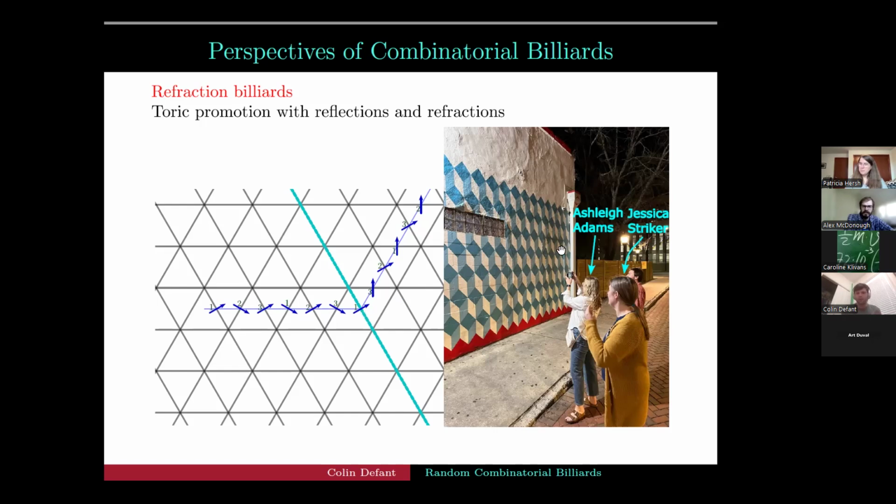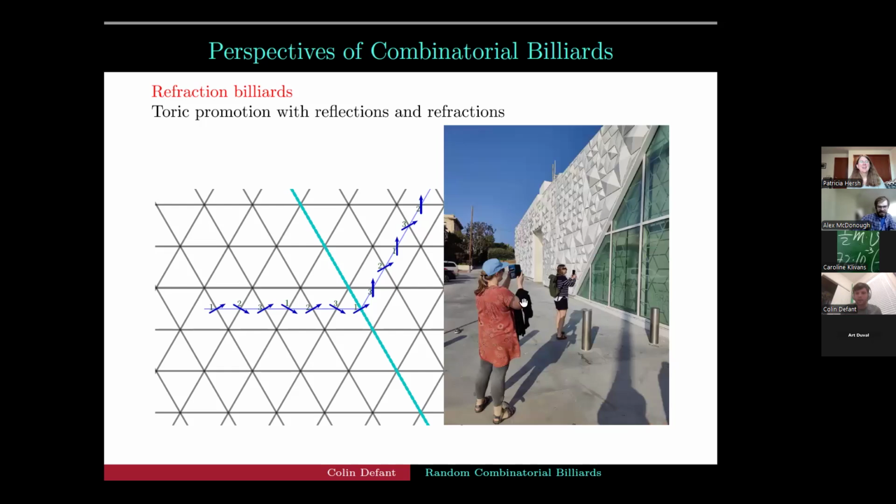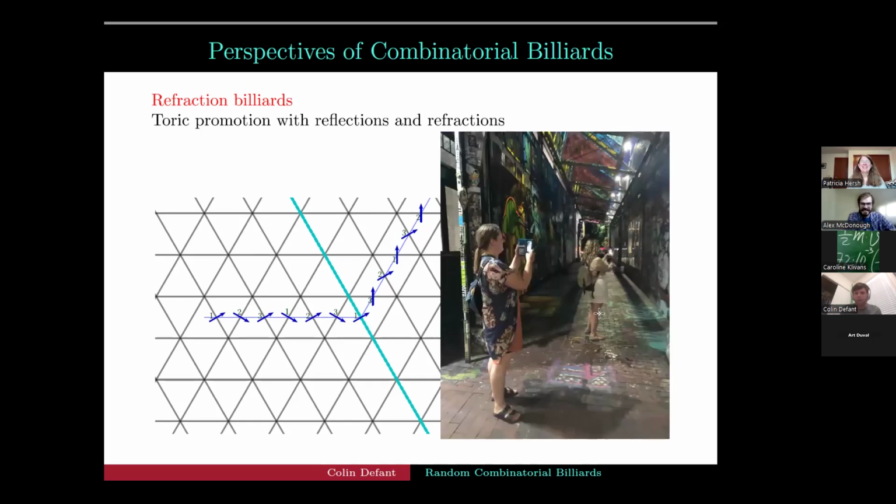And this is a picture that I took of my collaborators taking a picture of a wall. So actually, after I gave a talk about this topic back in April, Jessica and Ashley were in the audience, and they liked this picture of the wall. So then they started sending me other pictures of them taking pictures of walls. I didn't take this picture, but this is just them again with a wall. And then here again with a wall.